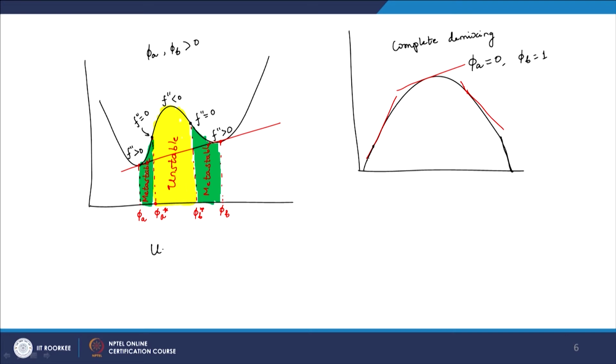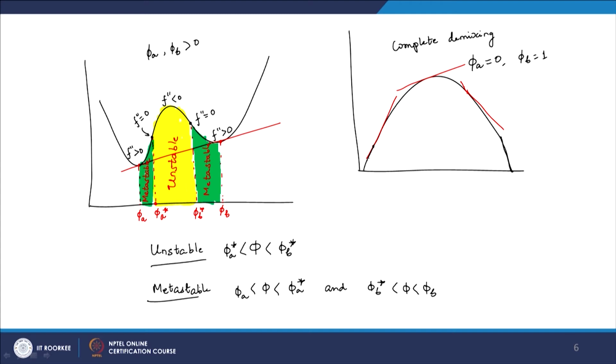So, the system is unstable when phi is higher than phi A star and less than phi B star, and metastable when phi is higher than phi A and less than phi A star, and higher than phi B star and less than phi B. And what really happens in these two regions is, in the unstable region, if I start with a homogeneous system and I make any small perturbation to the system, it will immediately phase separate.